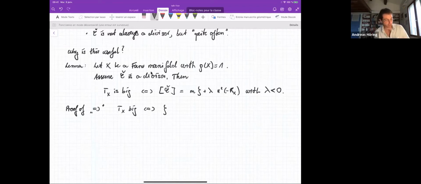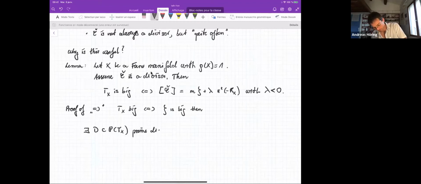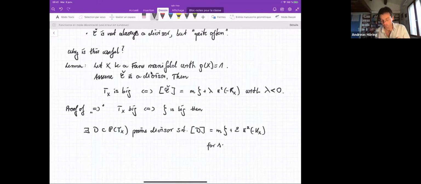But if this tautological class is big, then you can find some prime divisor D of P(Tx) such that the class of this prime divisor is of the form m times zeta plus epsilon pi star minus kx for some epsilon which is strictly negative. Okay, so why is this true?